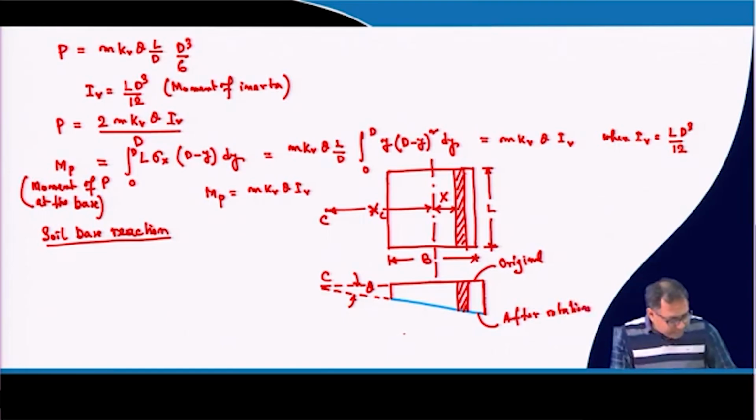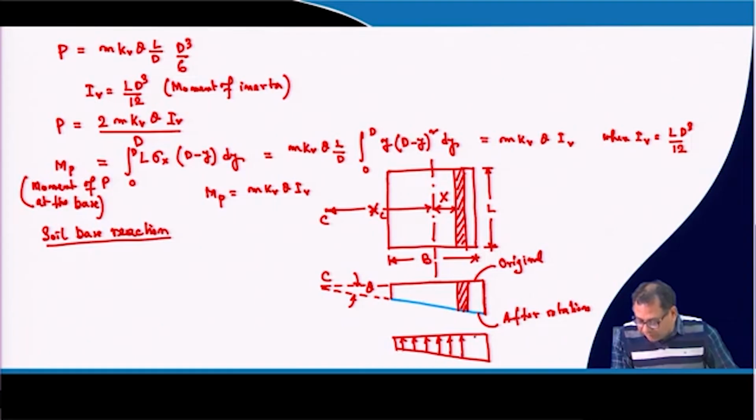Because of that, there will be a stress difference at the base of the well, because it is rotating in this direction, towards the right. So this will be the stress distribution at the base of the well.